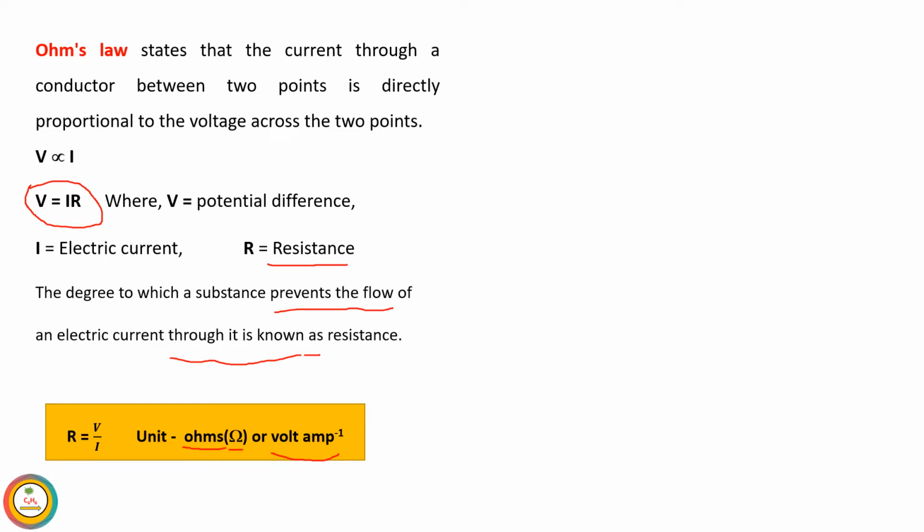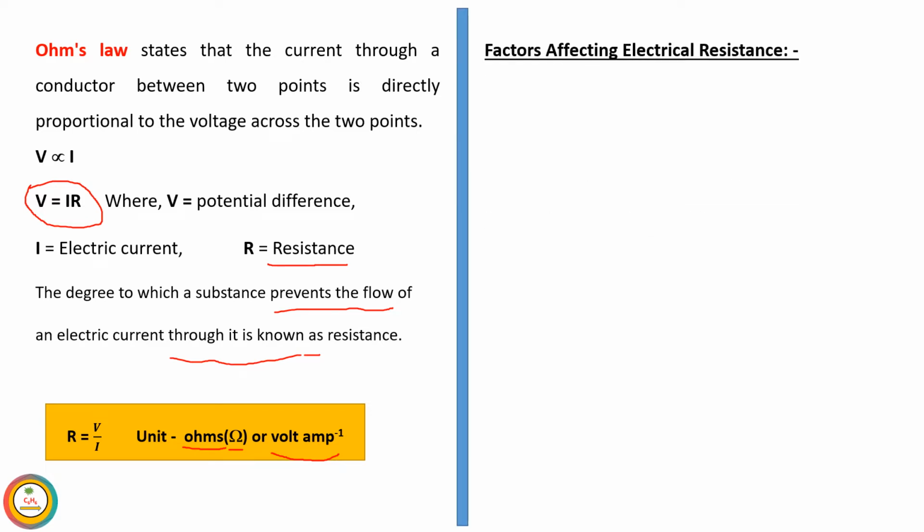Now the factors affecting electrical resistance. The first factor is the area of cross section of the wire. Resistance is inversely proportional to area of cross section, so R is proportional to 1 by A. It means if the area of cross section is higher, then resistance is lower.